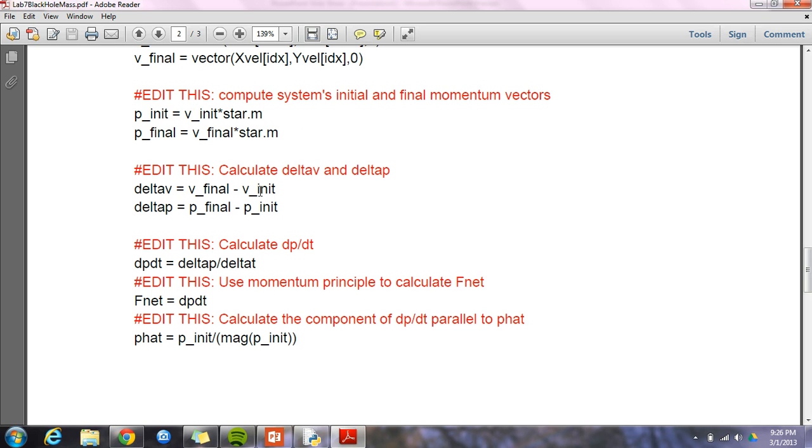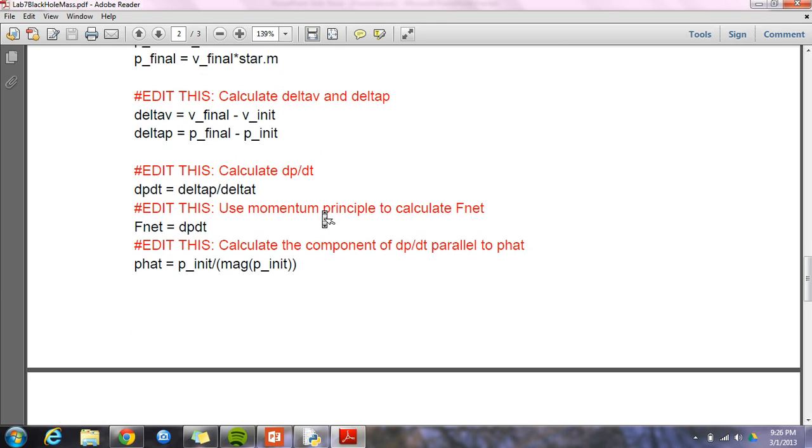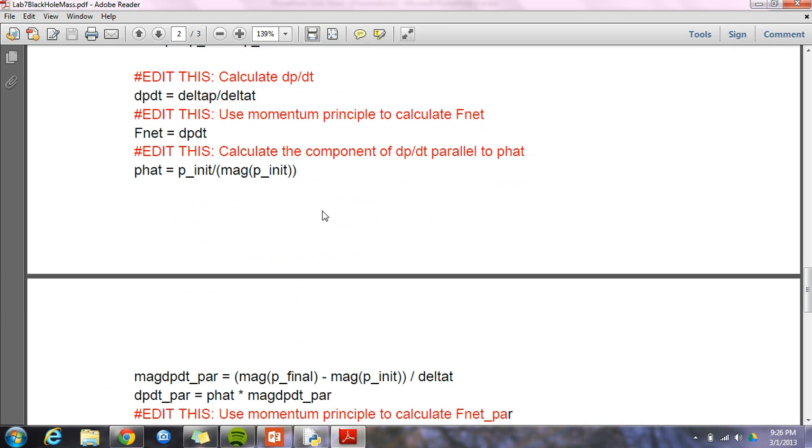And next, we have to find the change in velocity and the change in momentum, which is final minus initial. So now we're going to get into our parallel and perpendicular forces. We know that the net force is equal to the change in momentum over the change in time. And so that's why we have this set up like that.